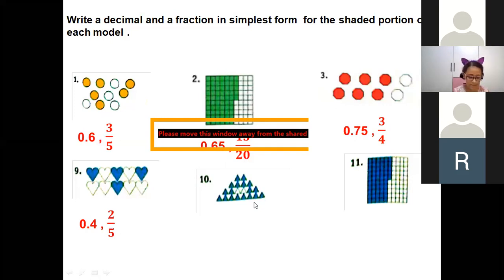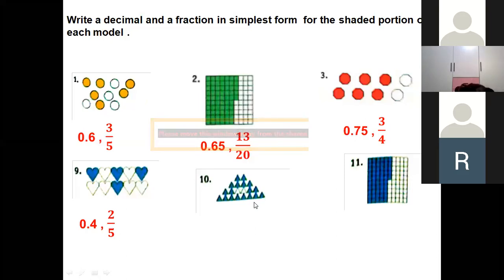And the decimal is 18 times 5, 90. 0.90. Excellent. So what is the fraction in simplest form? 18/20. How do you simplify it?